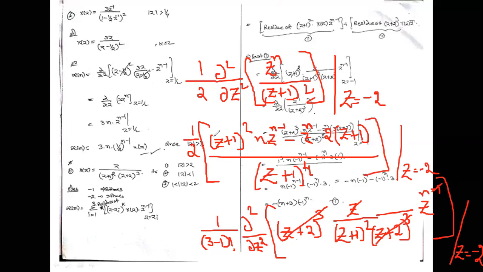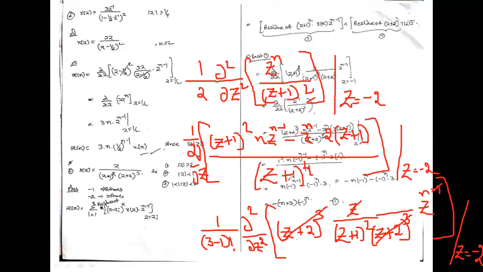Again you can take d by dz. Whatever function we got now here, apply the derivative another time. We take this function as one term, z plus 1 whole square here, the z plus 1 whole cube. So take this as a u by v rule, and the second term also, the z plus 1 is there and cube will get cancelled, z power n by z plus 1.